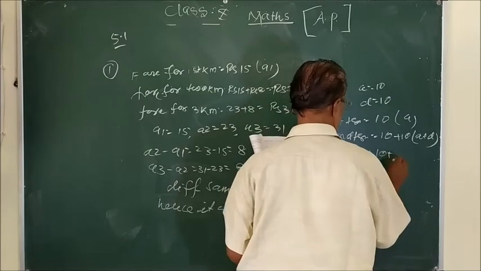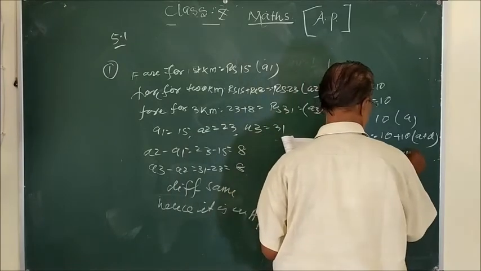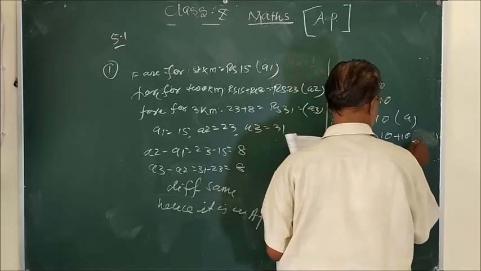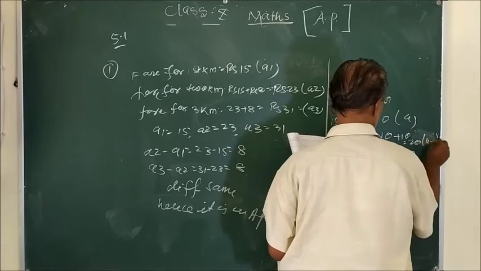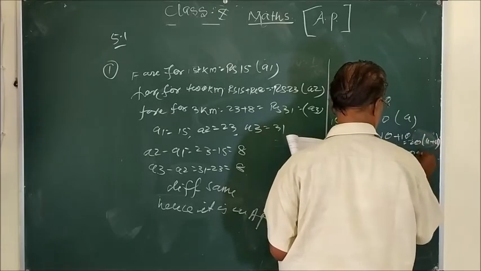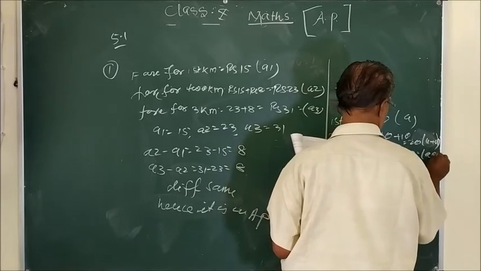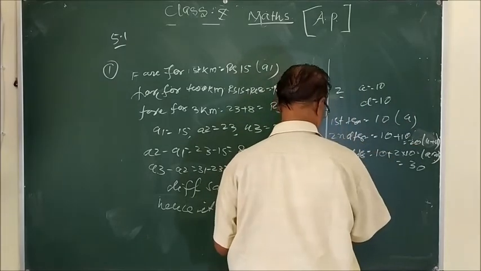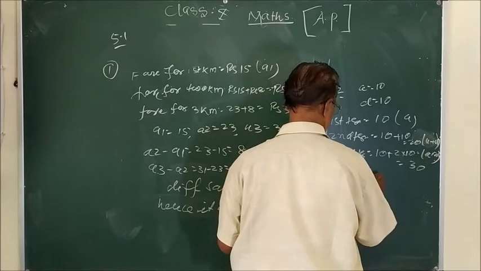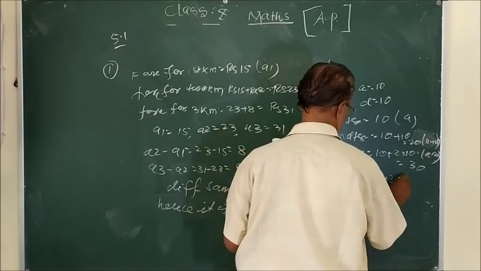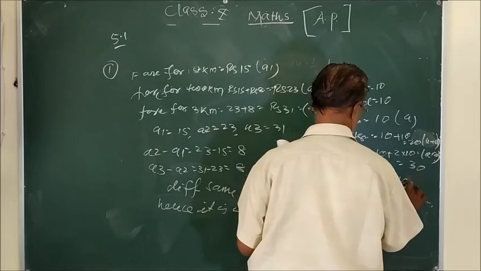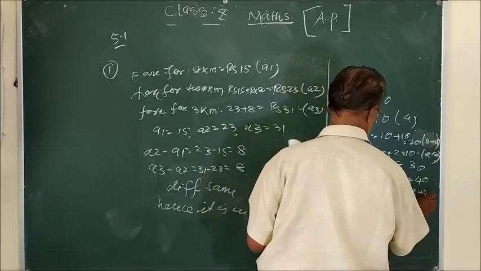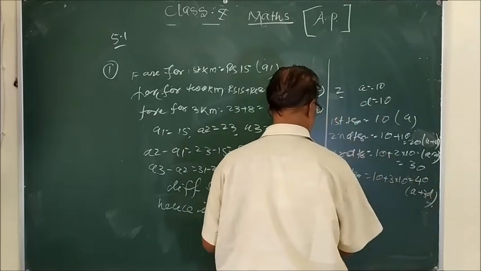A plus 2D, यानी 2 into 10, यानी कितना हो जाएगा? 30. इसको 20 कर दीजिए. ये हो गया A plus 2D. और इसी तरह से फोर्थ टर्म क्या हो जाएगा, A plus 3D, 3 into 10 equal to 40, ये हो गया A plus 3D.